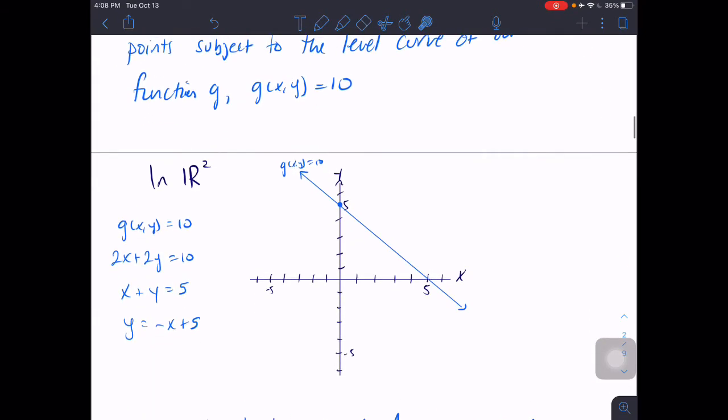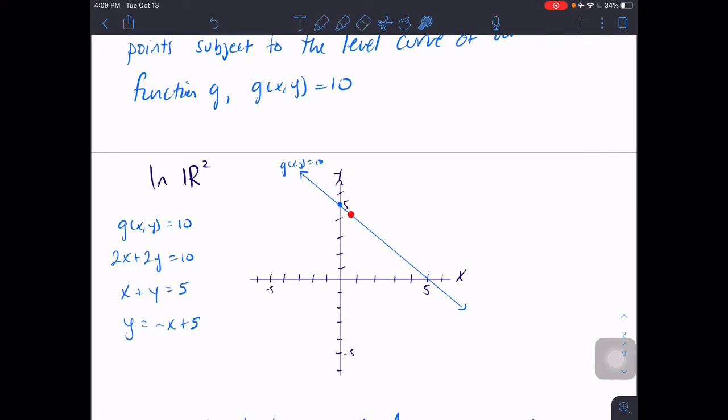So here's my level curve, which is just 2x plus 2y equals 10. I simplify it by dividing by 2, and I rewrite it in slope-intercept form. And notice that we got this line right here, okay? And so this line contains all the x and y values that satisfy my constraint, which means that it has two meanings.